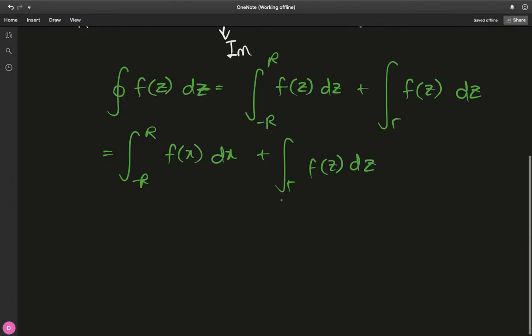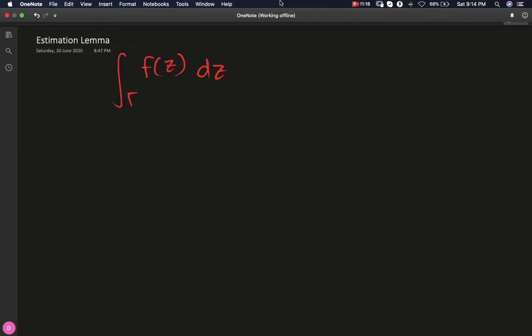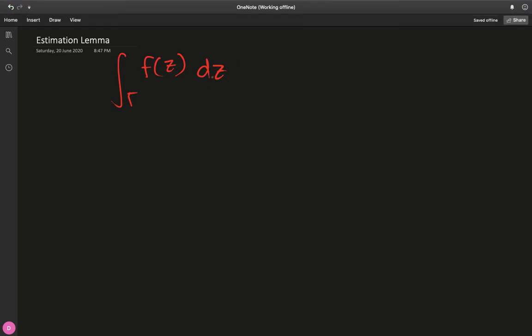Now let's consider this integral over gamma on a fresh page, and we'll consider it in a section that's called the estimation lemma. So we have to consider this integral over gamma of f of z dz. Now let's make a substitution for f of z.